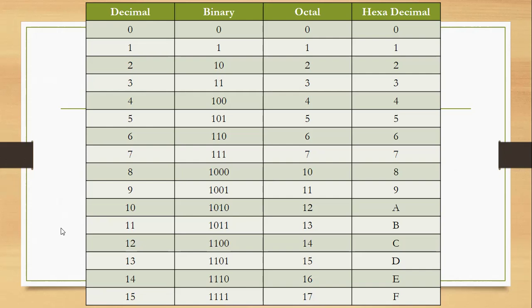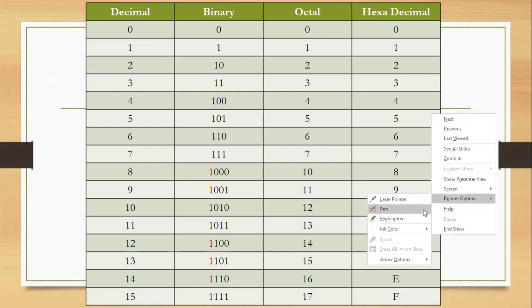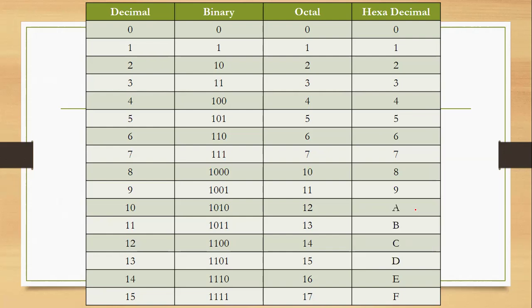The decimal number system is already well known to you. The one thing you need to remember here is the decimal, hexadecimal, binary, and octal. Decimal number system, obviously we know it ranges from 0 to 9.